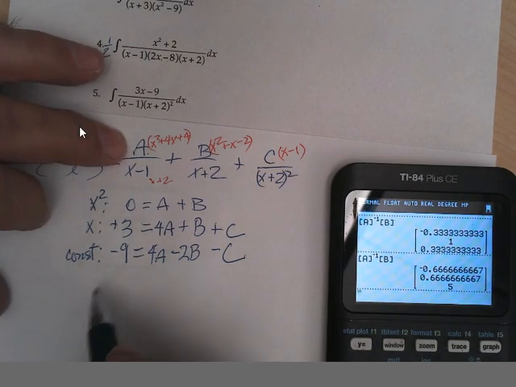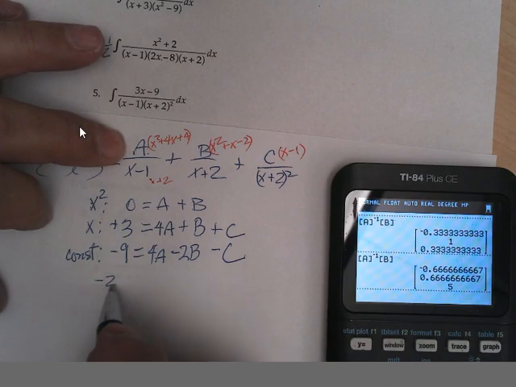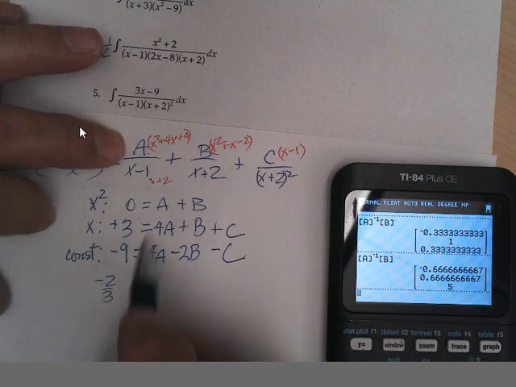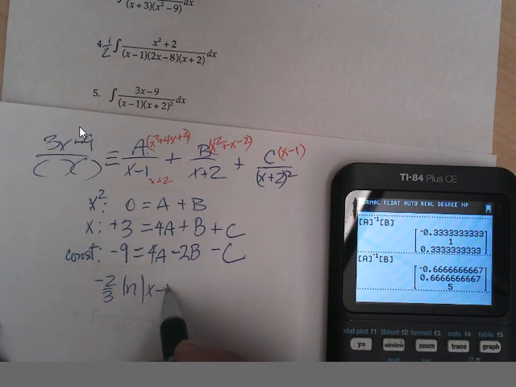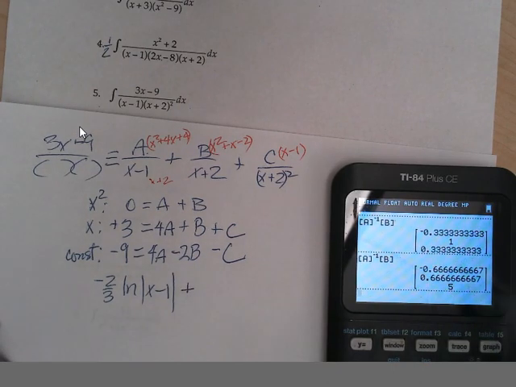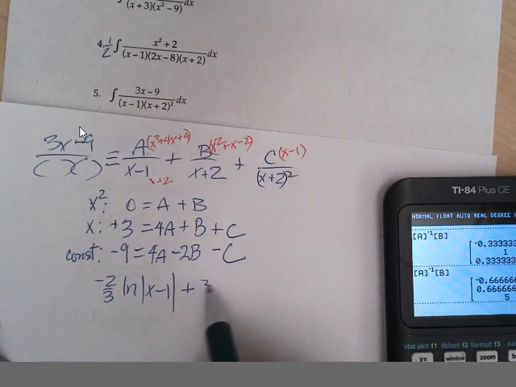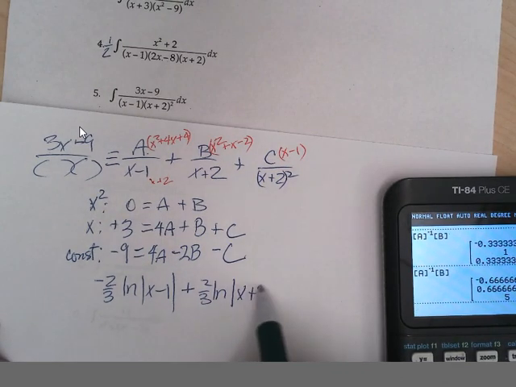So with the A there, I'm going to get negative 2/3. It's going to be 1 over x minus 1, which is going to be ln of x minus 1, plus 2/3 ln of x plus 2, plus c over that.